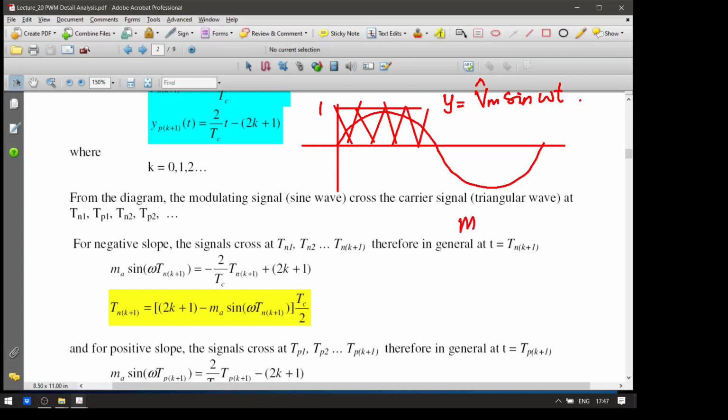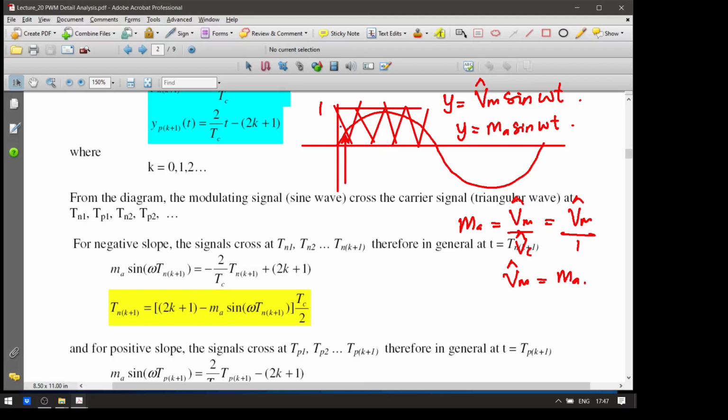The modulation index Ma equals Vm peak divided by Vc peak, which becomes Vm peak divided by 1. So Vm peak equals the modulation index, and your modulating signal equation becomes y equals Ma sine omega t.